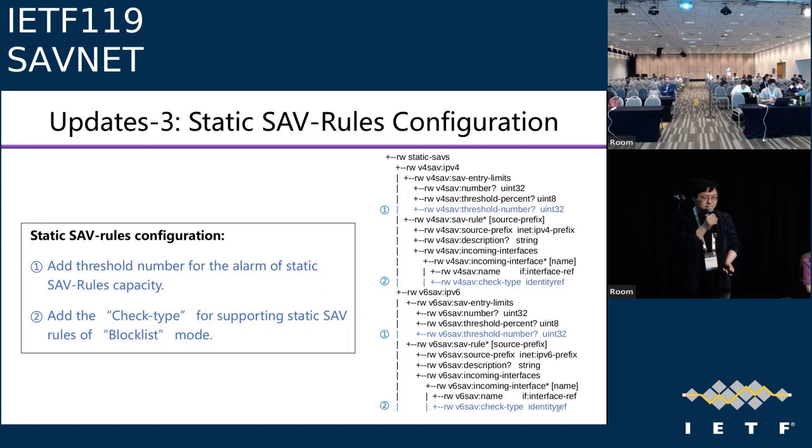Update 3 for static SAV rules configuration. First, we add a load number for a line of static SAV rule capacity. Second, we add the check type for supporting static SAV rules of block list mode.